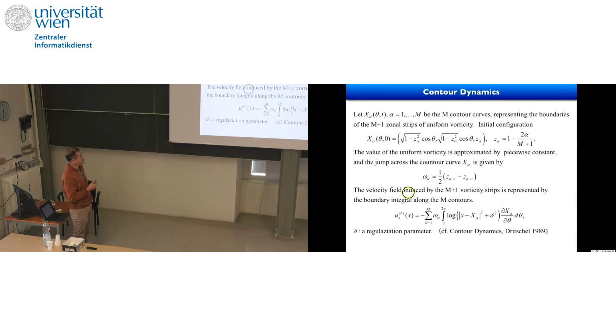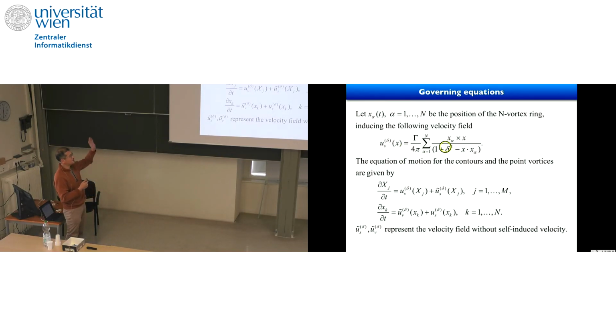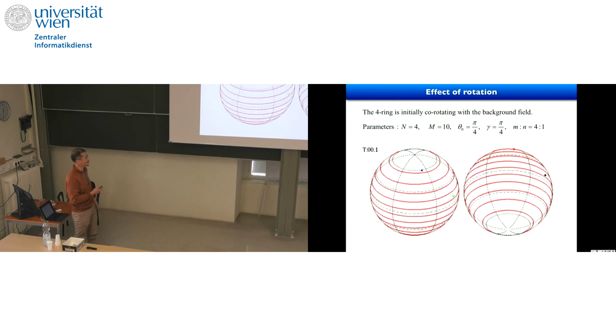The velocity field induced by these m+1 vortex strips is represented by the boundary integral along the m contours, which is known as contour dynamics, developed by Dritschel in 1988, and is a very good approximation. Then we consider the evolution of the point vortices, given on the second slide, so we have coupled equations: this is the equation with the contours, and this is the equation with the point vortices. We are going to solve these equations numerically and observe what happens.